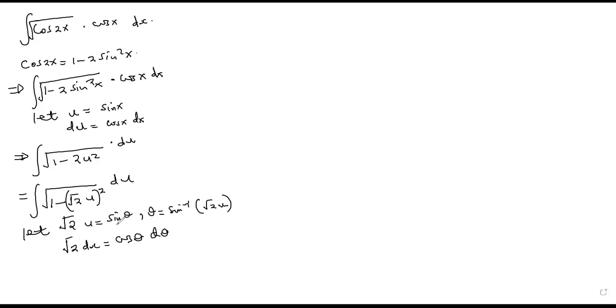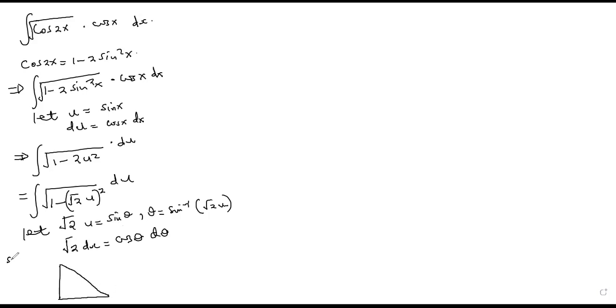If root 2u is sine theta, from SOHCAHTOA, sine theta is the same as opposite over hypotenuse. So I can draw my triangle here to simplify ideas.